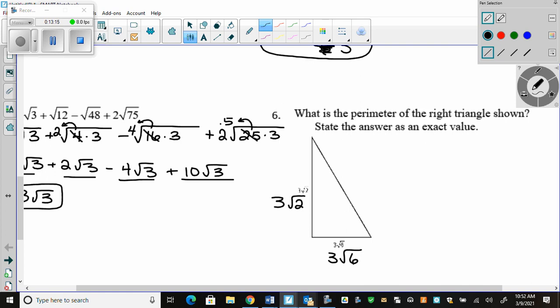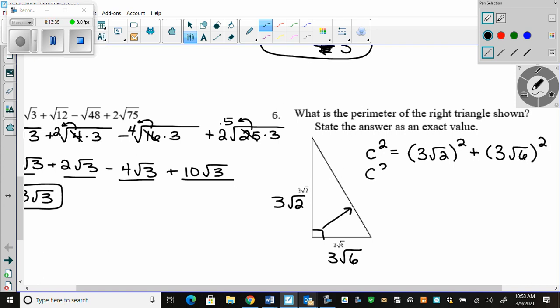Okay, so we have to do the perimeter. We need the third side. The third side is the hypotenuse. And when I don't know the hypotenuse, I use a squared plus b squared equals c squared, but I don't know the c. So we have c squared equals 3 root 2 squared plus 3 root 6 squared.